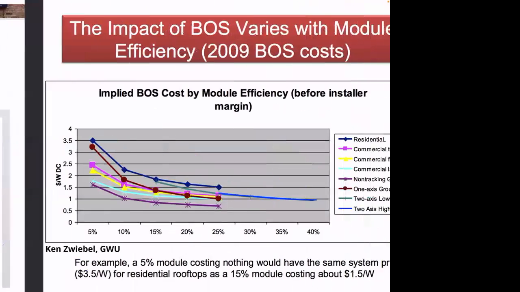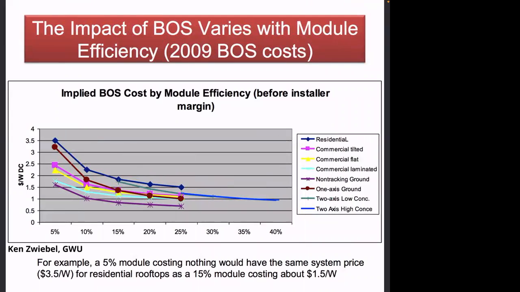And how important is this? This has been studied almost 10 years ago now by Ken Zweibel at George Washington University, where the analysis was done on cost of power at the DC power, which is shown on the left-hand side here.